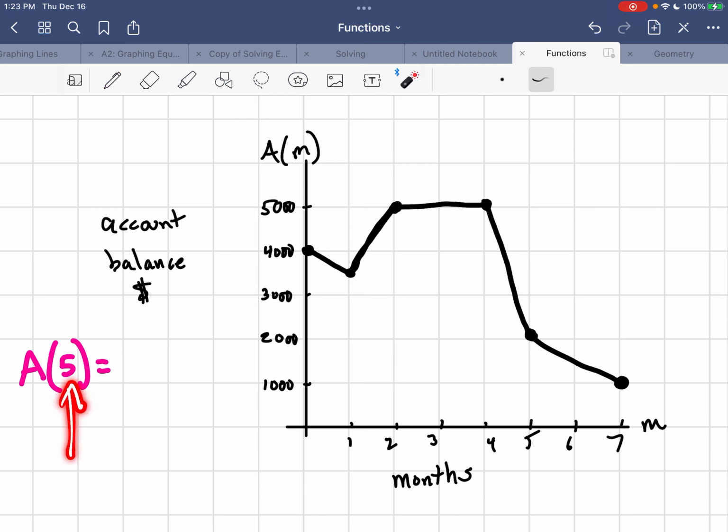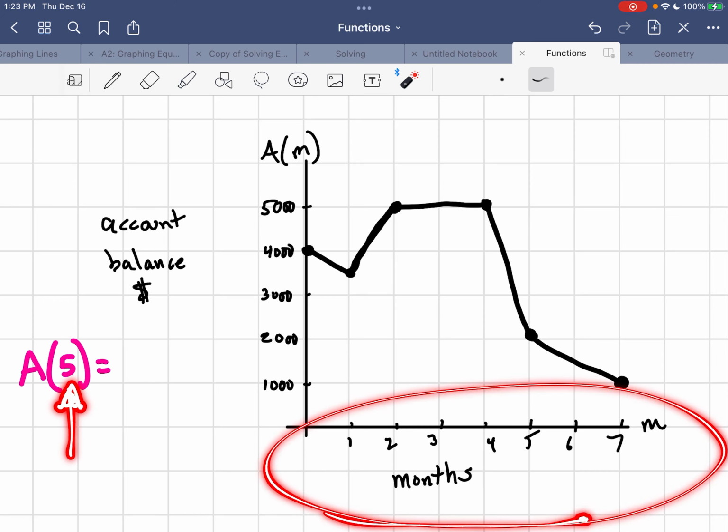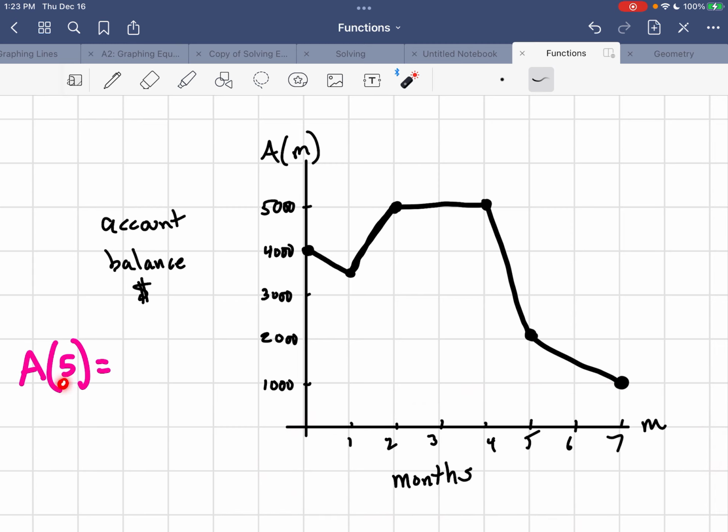Again, this is my input, so I'm going to use that information. I'm going to go to that value on the horizontal axis. So 5 is here. Once I get to 5, I go up until I see what the value of my graph is, and the answer is the y value for that x value.